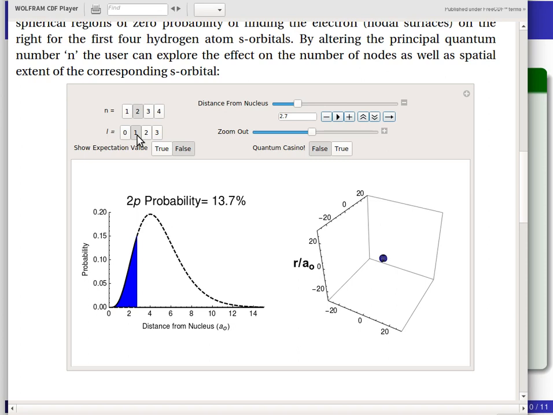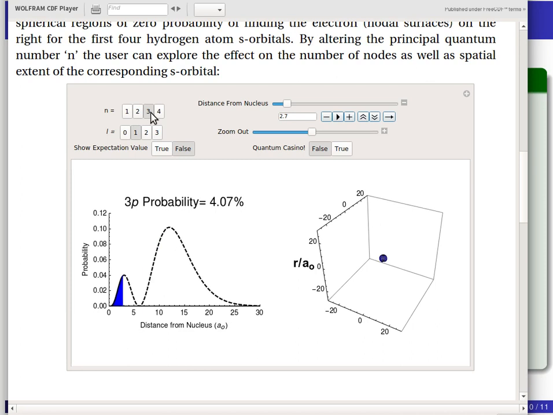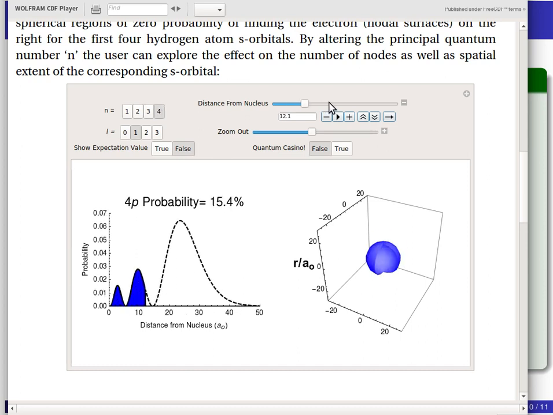Okay, and notice that once we went up to the p orbitals, the first p orbital, 2p, we no longer have a radial node, but if we go to a 3p orbital, then we get 1 radial node. Okay, and you can play around with this interface, and I encourage you guys to do that and get a feel for the different values that the probability distribution of finding the electron in a given region of space can take.